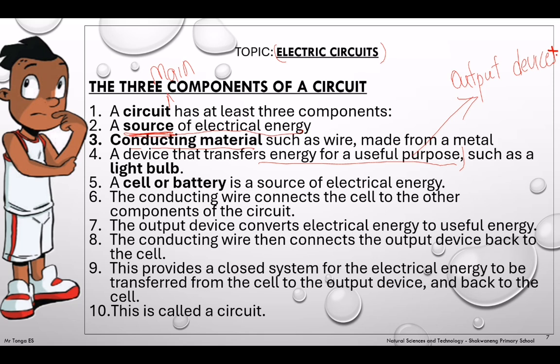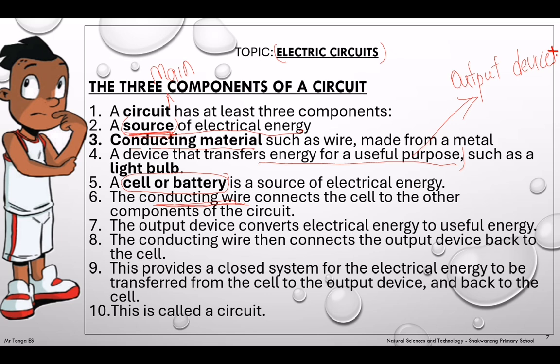Now, you will know we spoke about the source. Now, this source is a cell or a battery. Now, why cell or a battery? Remember, the battery or the cell is the one that is providing the energy that we need in the circuit. And this energy is then taken up by conducting wire, meaning the wires will act as a relay.